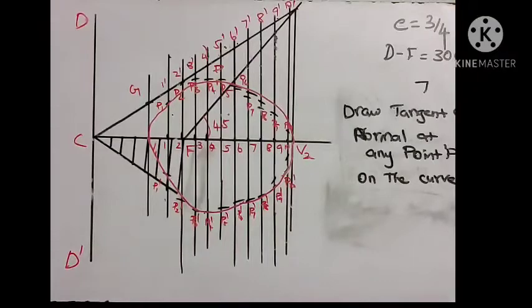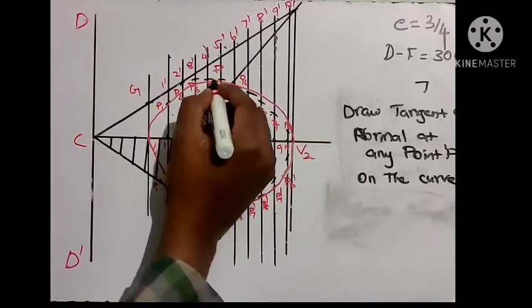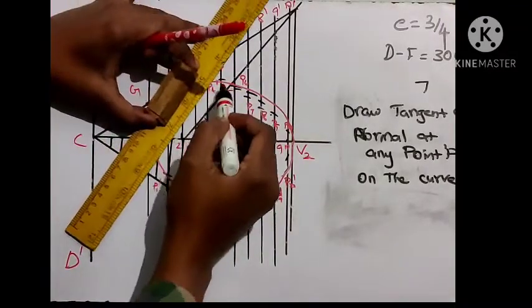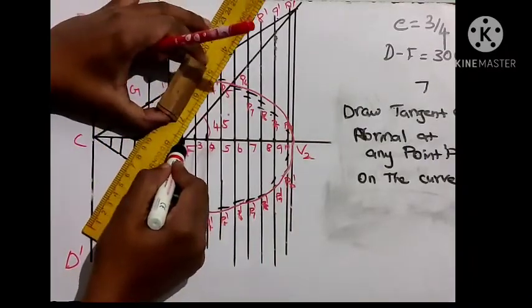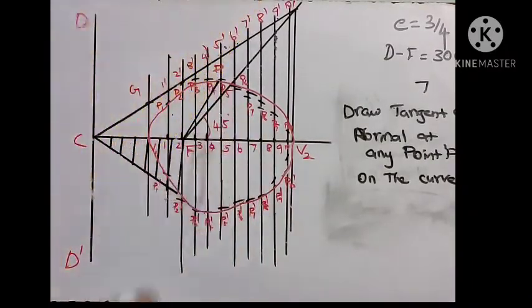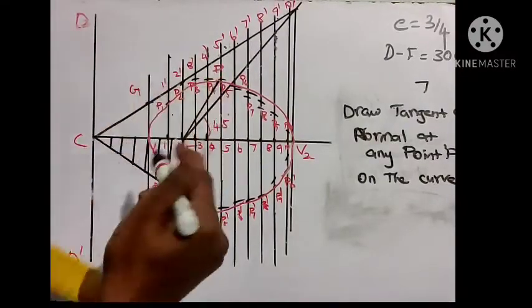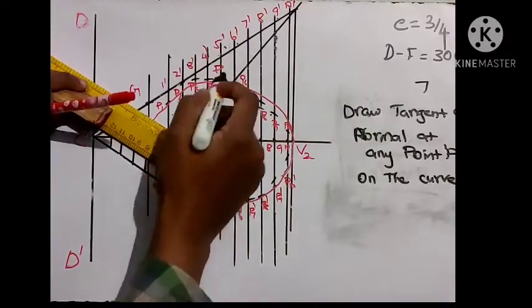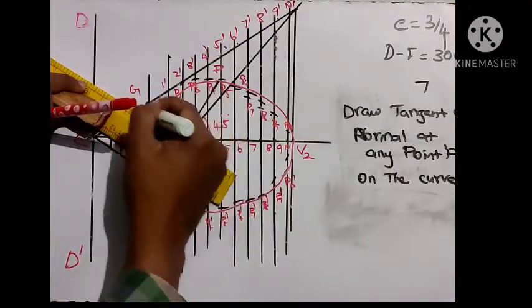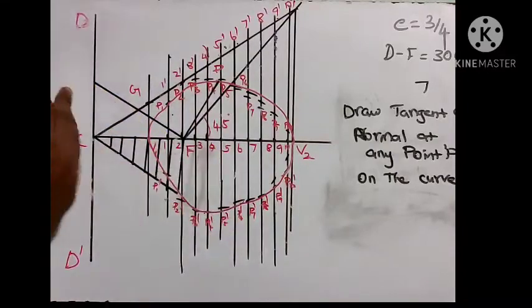The chosen point, you need to connect to the focus. This is my focus. You need to connect this point to the focus, something like this. Once you are done, we need to draw a perpendicular line to that, that is a line at 90 degrees to this line. That line will intersect somewhere on your directrix.